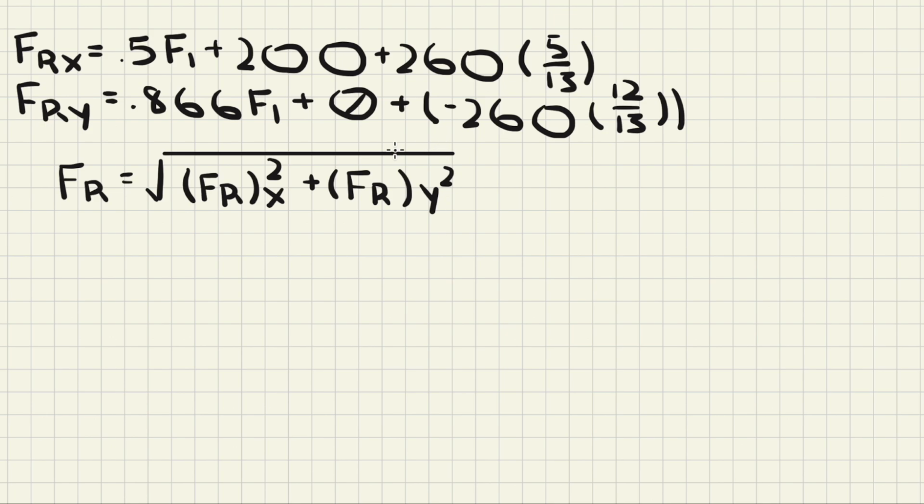So we're just going to plug in our two values into this equation. So we have FR equals 0.5 F1, and then 200 plus 260, 5 over 13 is just 300.